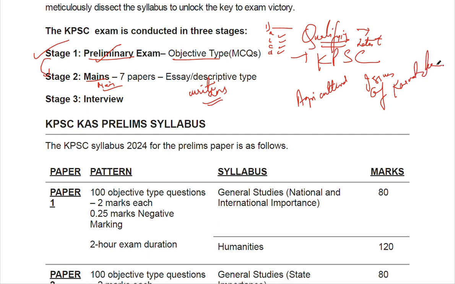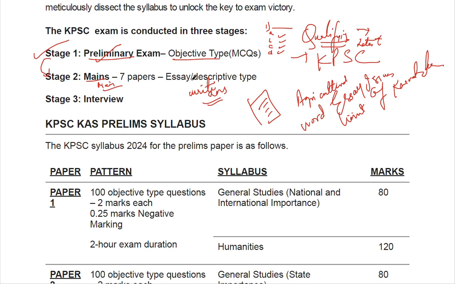Agricultural issues means agricultural problems of Karnataka, so you have to write an essay on this. This is not going to be MCQ based. Here you have to write a proper essay, 1 page or 2 pages, depending on the marks they have given and the word limit that UPSC has set. So this is going to be the written paper. I hope till here it's clear.